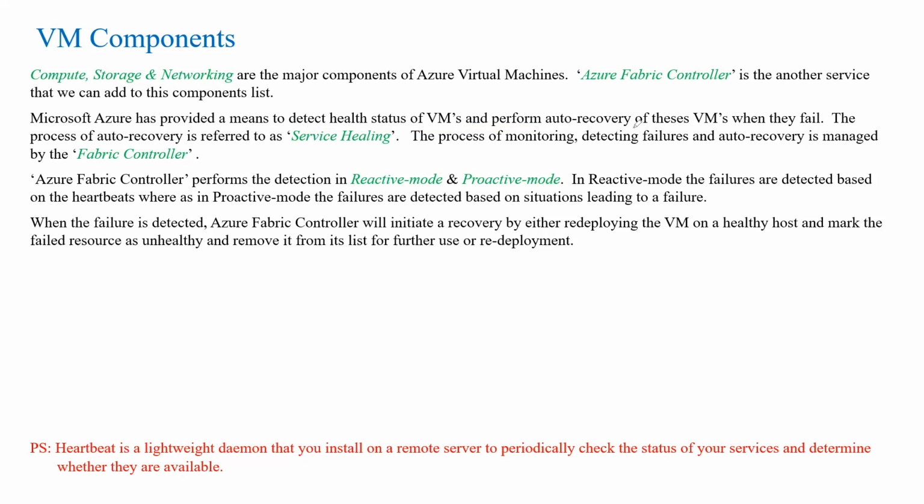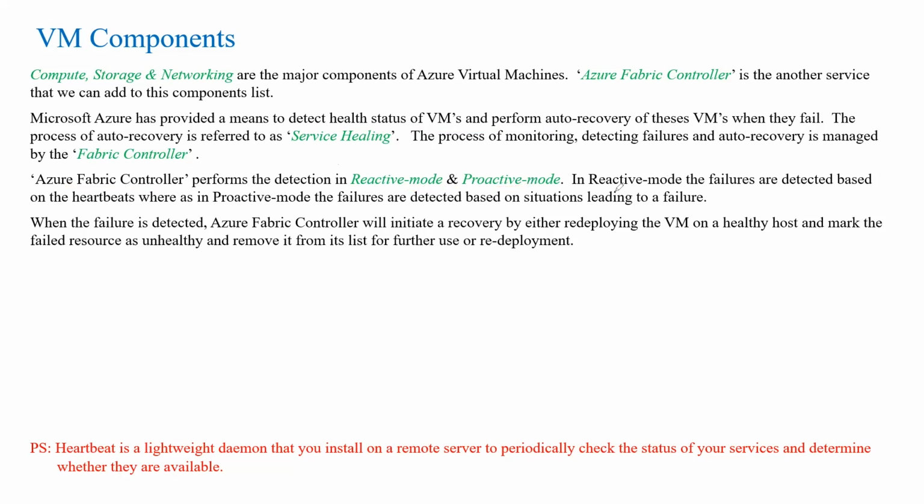How does it do this? It has two types of detection: one is called reactive mode and the other is called proactive mode. So this Azure Fabric Controller keeps performing detection on the virtual machines we have hosted and are using, either through reactive mode or through proactive mode.